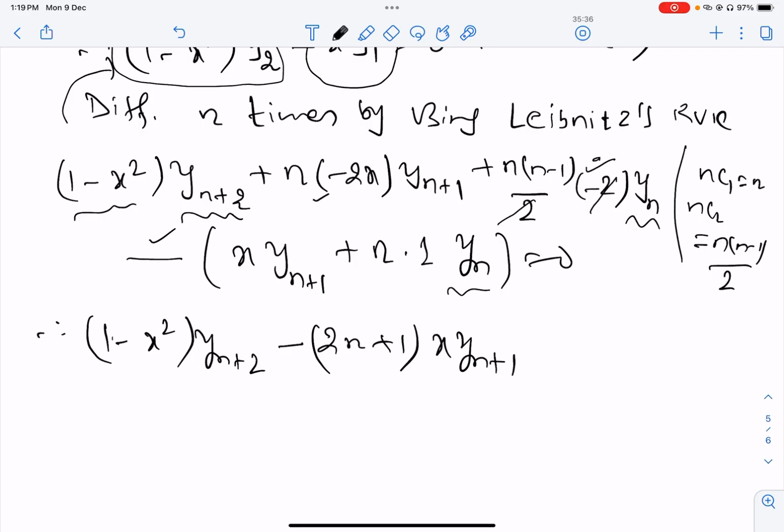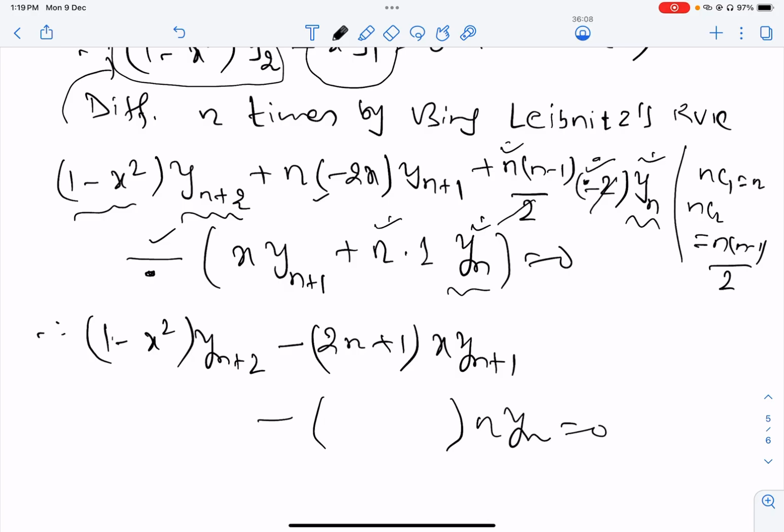So 2 cancels, n and yn is there. And the minus sign is there here as well as here also, so let us keep minus. Okay, so minus n yn.